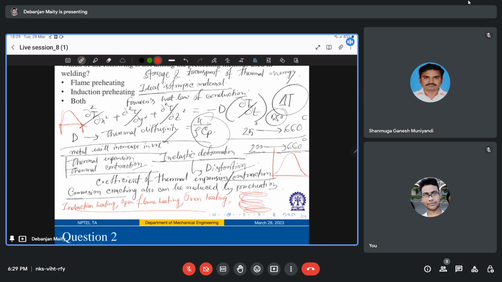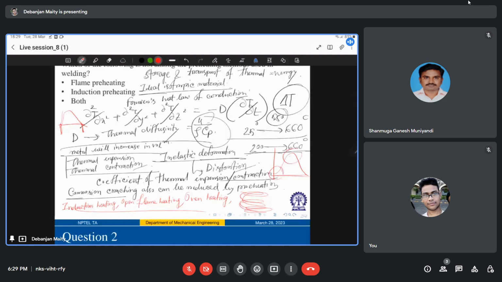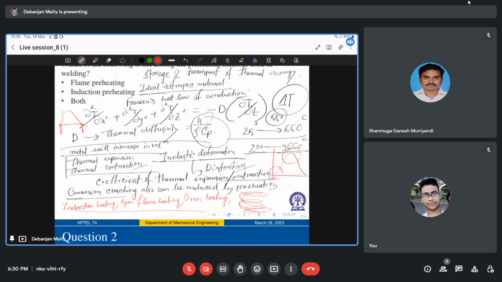Somewhere the heat flux can be less, somewhere more. It will not be uniform for sure. Then there is a slower time to temperature. The rate of heating is very slow here, and you can call it an inefficient process. Also there can be some smoke and gases produced while using an open flame. In terms of cost, it's of course much cheaper compared to induction heating.